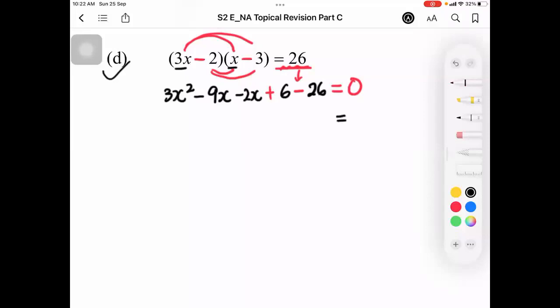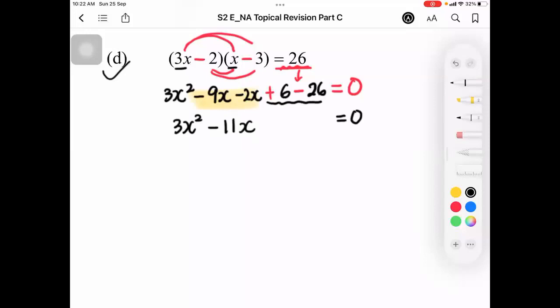Let us simplify this part of our equation. I will have 3x squared minus 9x minus 2. Terrence, how much is this? Negative 11. Yes, thank you. Negative 11x. Next one, Zhishu, how much is the number?